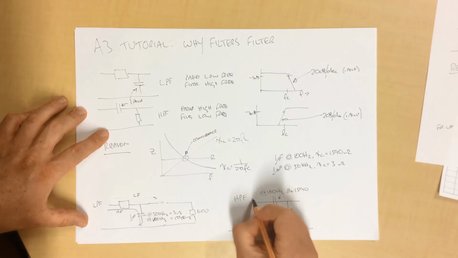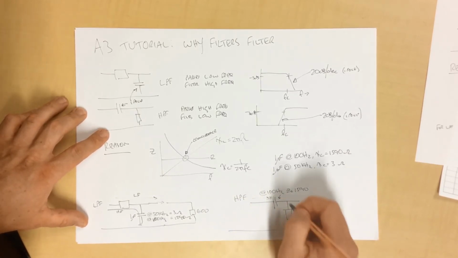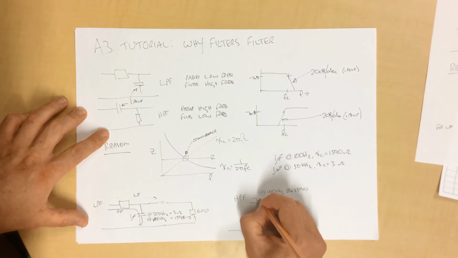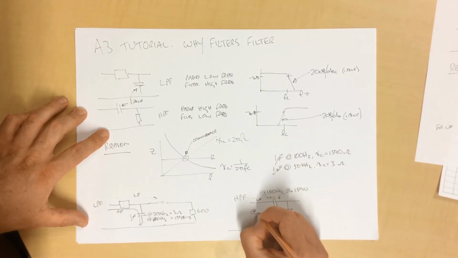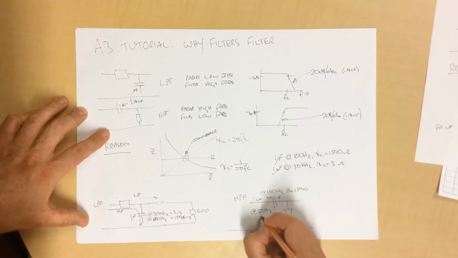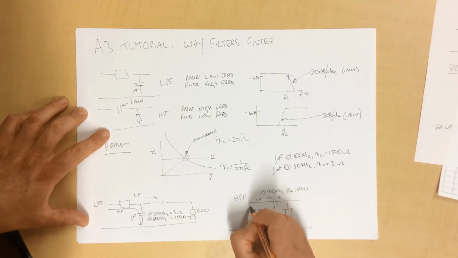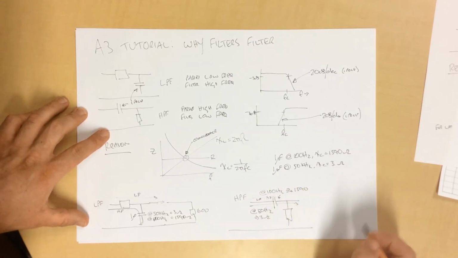So the low frequencies get blocked. The high frequencies, say, for example, at 50 kilohertz, that is merely 3 ohms. So the high frequencies go straight through here.